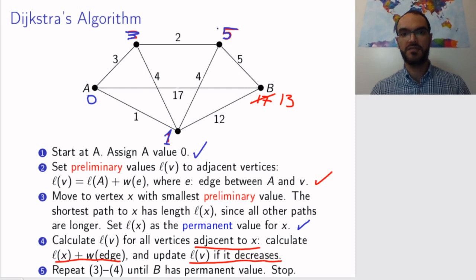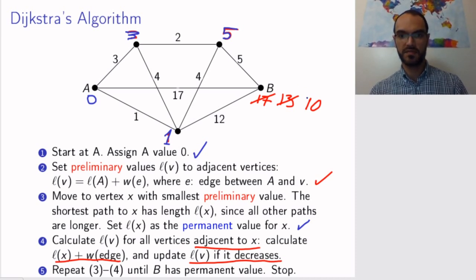So now that I have made this value permanent, I look at all the adjacent values. The only adjacent vertex left that is red is B. So if from 5 I add 5, I get 10, which is even better than my previous 13. So I change the value of B to 10.